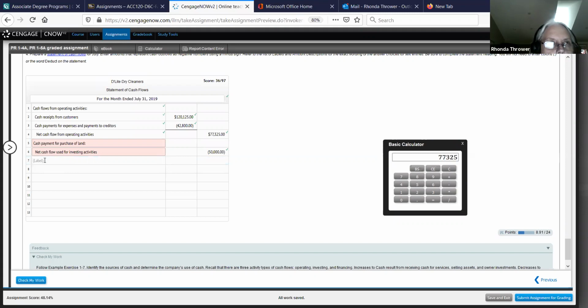The financing activities are the cash that you would receive from your owner, which would go in this section, versus the cash that you have withdrawn for the owner as a drawing. It too would go in this section. They're looking for a label here.